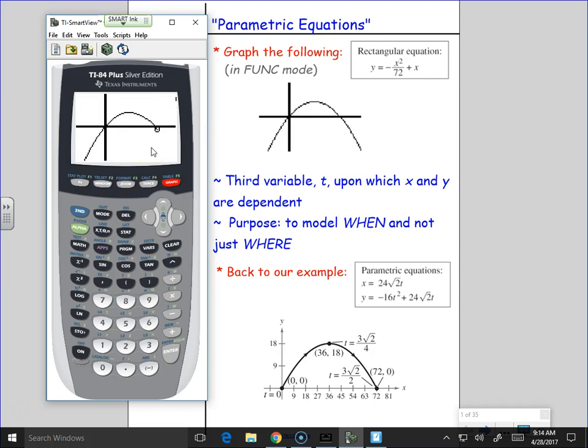Question. Does your graph look like mine? Not at all. I know. Here's why. I bet most of yours are probably still graphing. What do you guys have as your T min, T max right now without changing anything? 0 to 360. Holy cow. T max is 360.